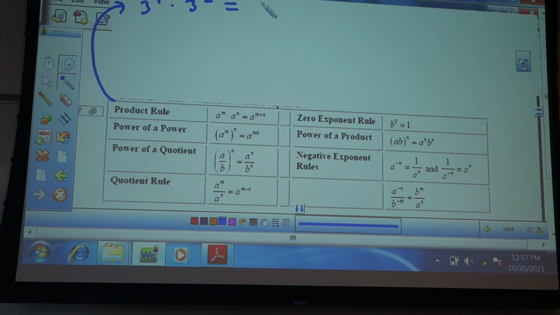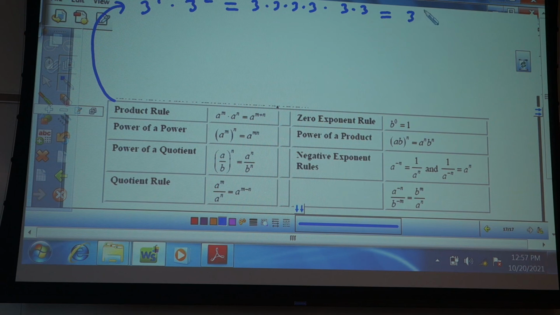Well, 3 to the 4th is 3 times 3 times 3 times 3, times 3 to the 2nd, times 3 times 3. Well, what is that? It's 3 multiplied by itself how many times? 6 times. So it's the same thing as 3 to the 6th.